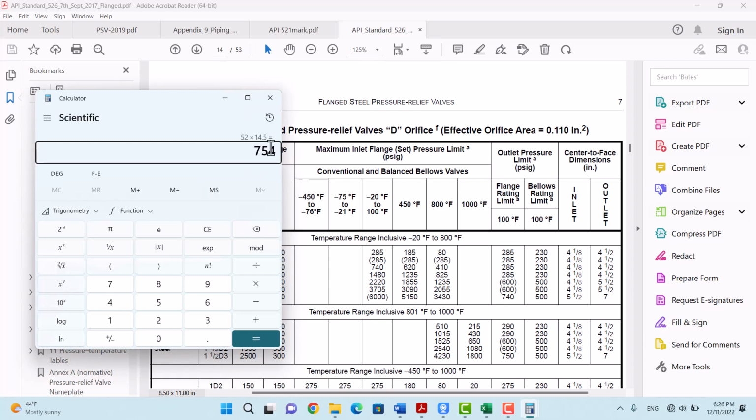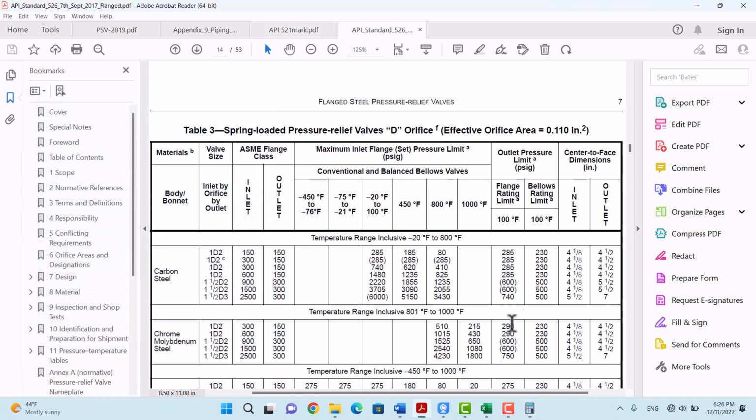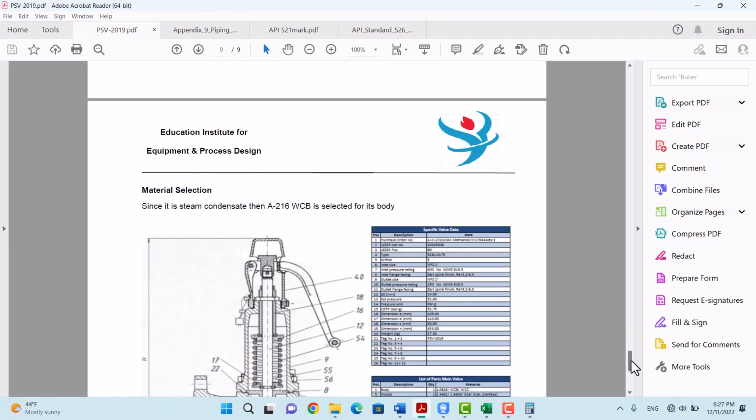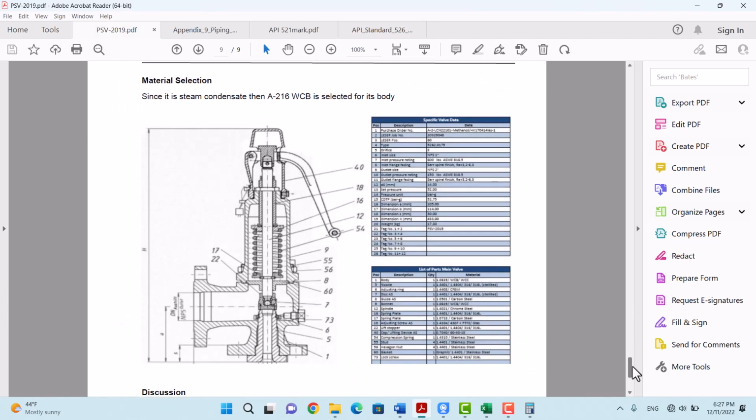As you can see, it is less than this value, therefore this type is selected. Therefore, a PSV with the designation of 1D2 is selected. And this is the final sketch for our application.